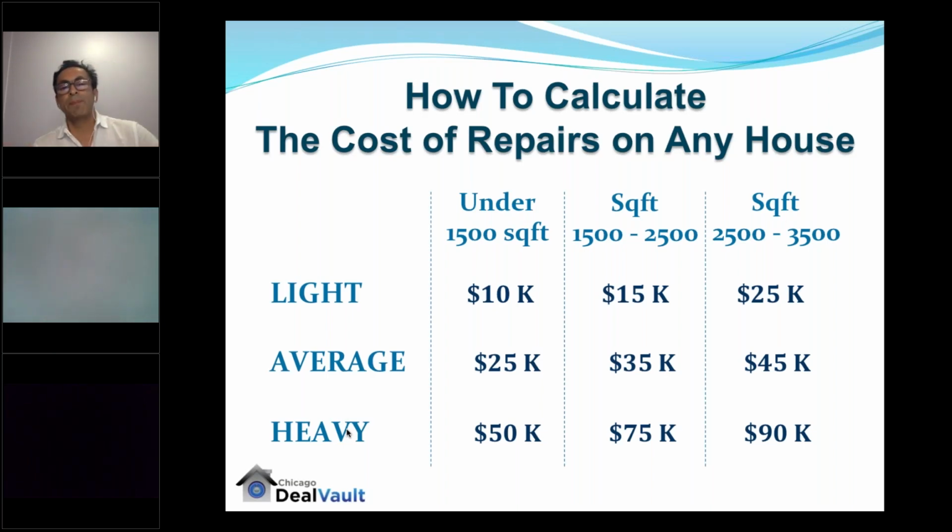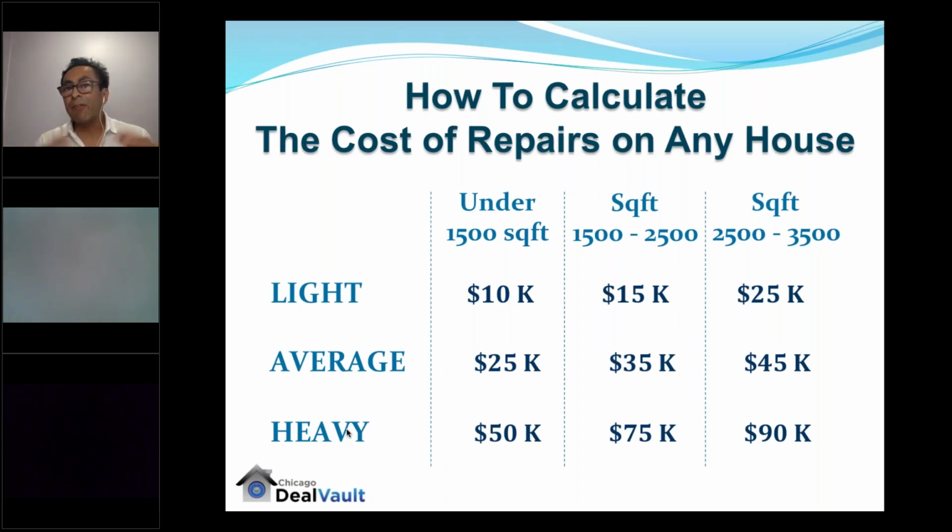So looking at this chart, if I know the property is less than 1,500 square feet, right away I know the rehab is going to be about 10,000, but I'm going to add a $5,000 cushion for any unexpected. It could be electric, plumbing, HVAC, windows, roof, anything, right?